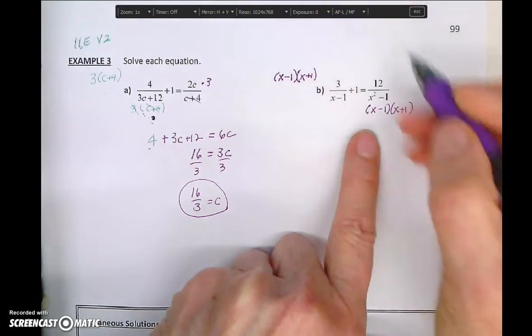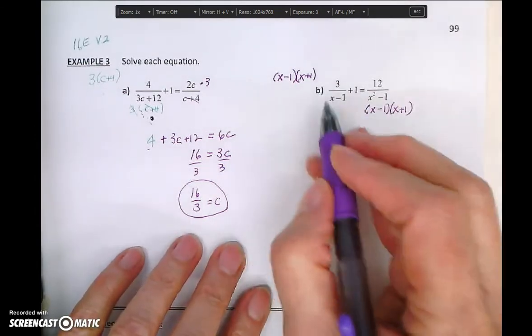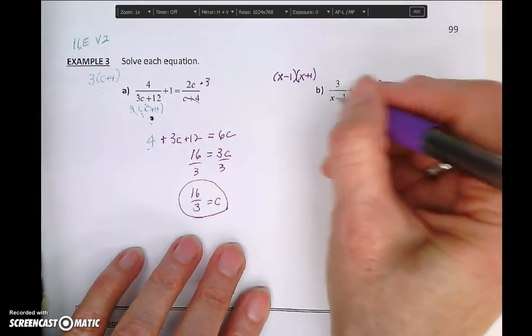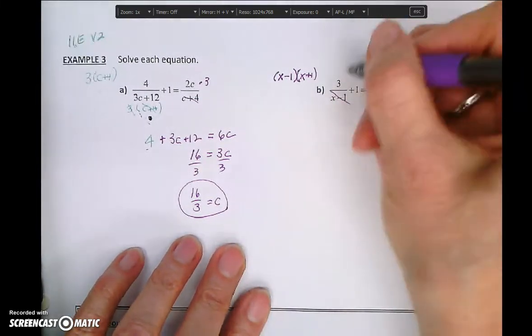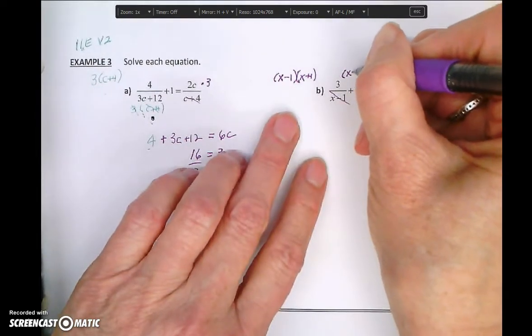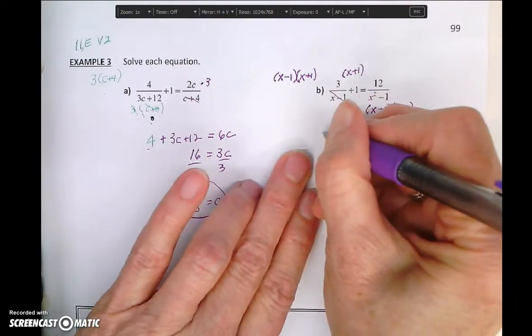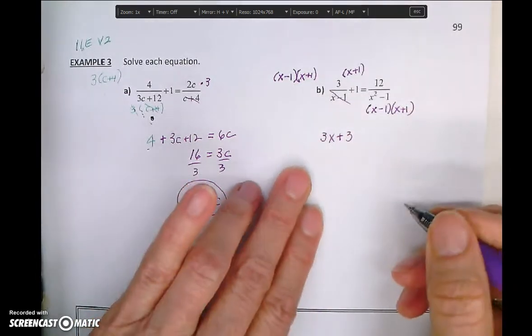So there is both of those up there as well. All right, so now I'm ready to multiply times each of my terms. So x minus 1, x plus 1 times this, cancel that out, and I'm going to be left with x plus 1 right here. And so I'm going to distribute it, and I'm going to get 3x plus 3.